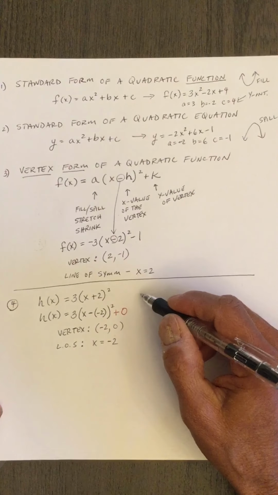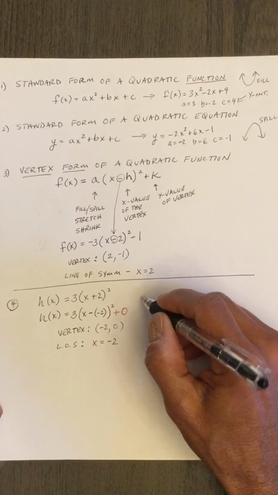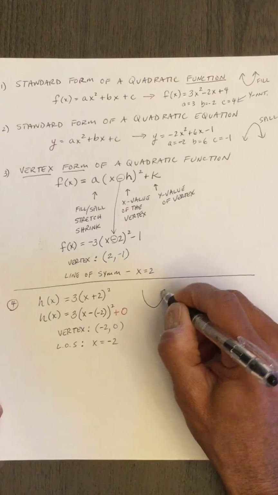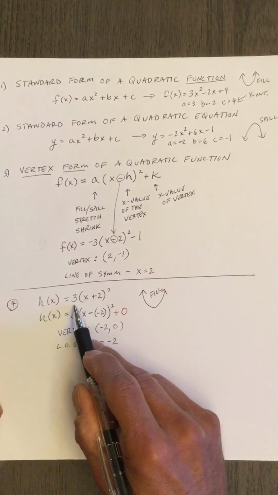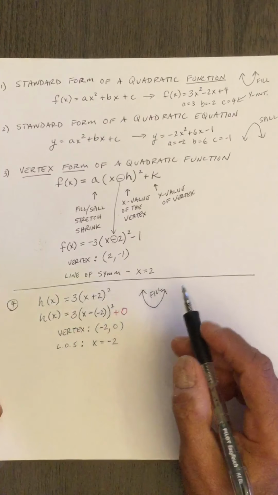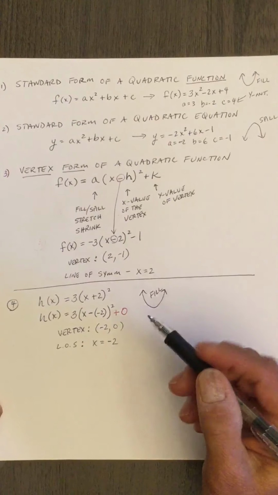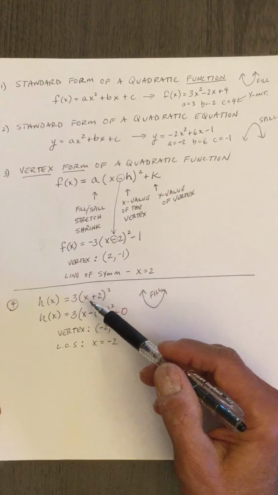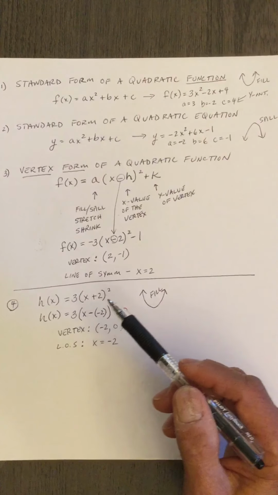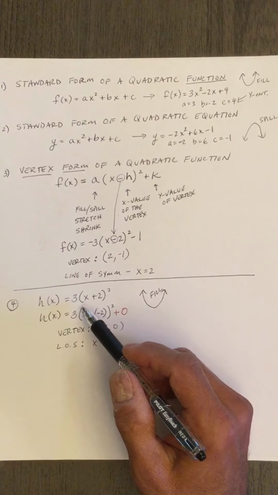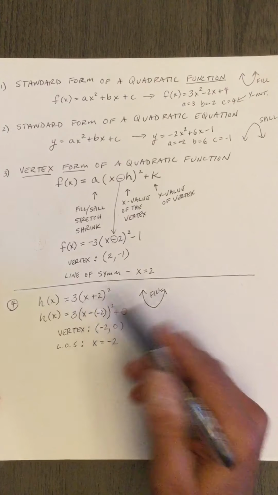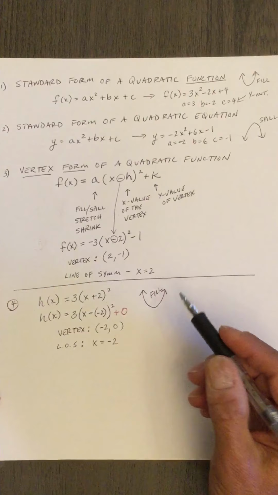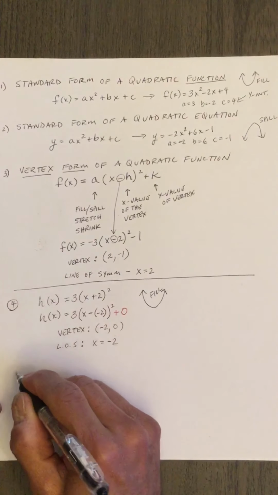So if it's positive, that must mean it is a fill, right? And it says 3, so that means that is a stretch by a factor of 3. In other words, it's going to be narrower than the parent graph, okay?